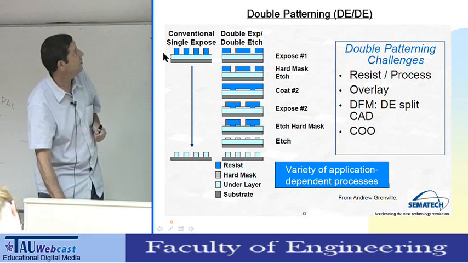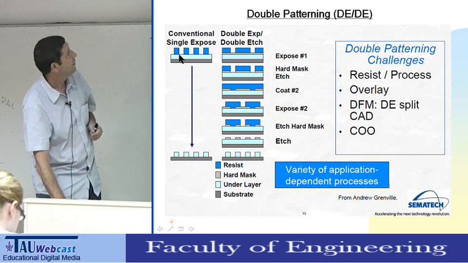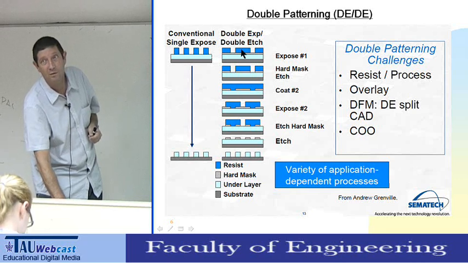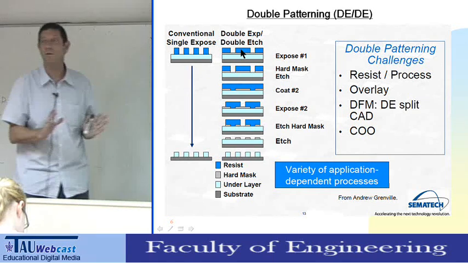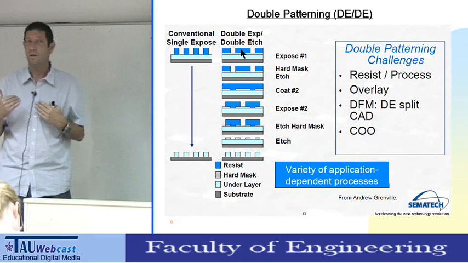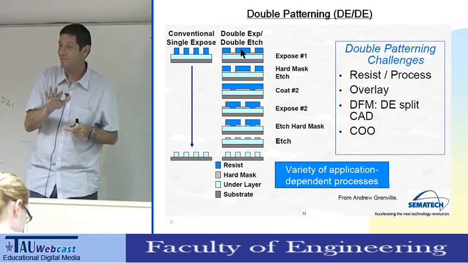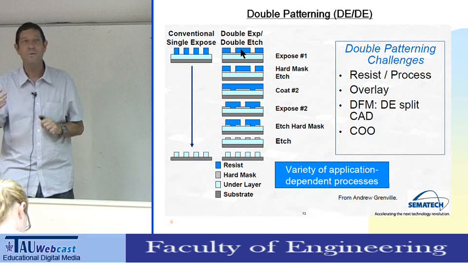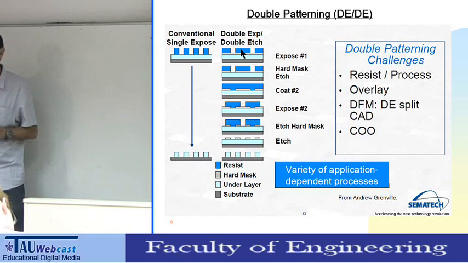However, here this was the resolution of the mask, and this was the resolution of the mask here. So I can get the same lithography with a mask with half the resolution, but I need 2 masks. Instead of having 1 mask, I'm using 2 masks. So I pay with a more complex process.